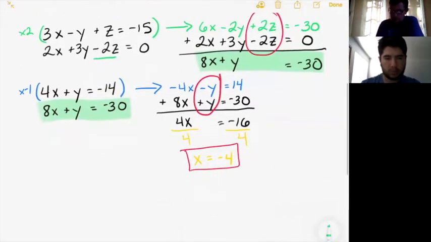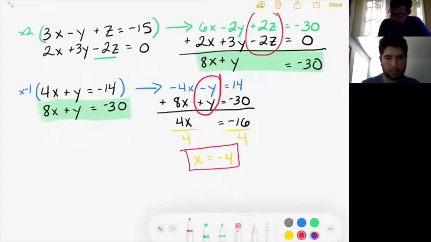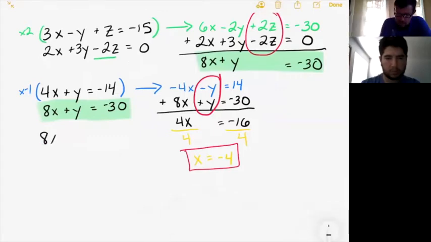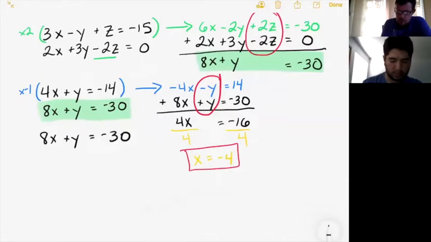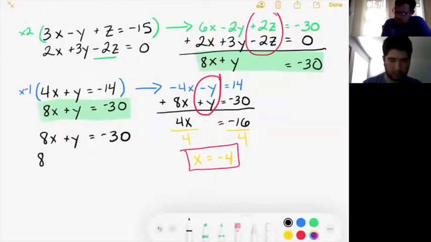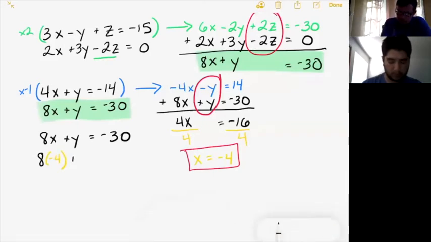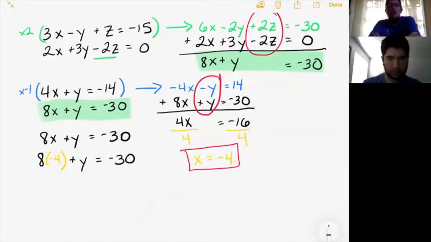So let's do that. Let's take the 8x plus y equals -30. And let's substitute the x with the -4. So we'll do 8, and instead of x, we'll do -4, plus y equals -30. And that doesn't seem bad at all.